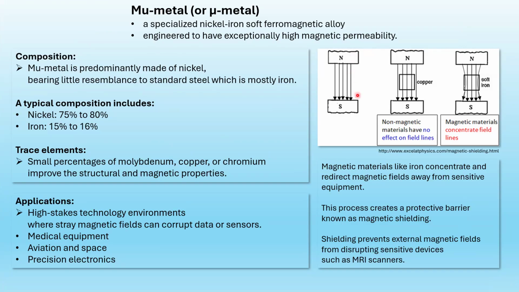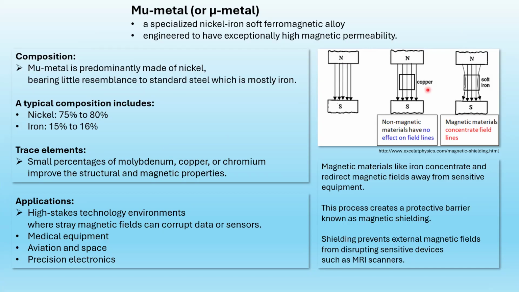So what do we have here? We have a North Pole and a South Pole. Three scenarios. Here is air or vacuum, and we have just uniform lines going through. Then we have copper with low magnetic permeability.